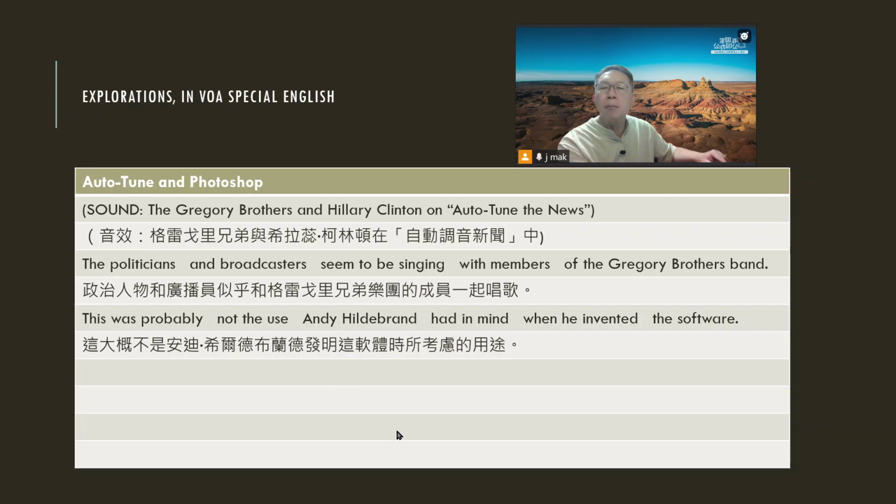Pirates on very thin ice. These pirates are criminals. They are armed gangs on the sea. That means the ocean. The United States does not make concessions or The politicians and broadcasters seem to be singing with members of the Gregory Brothers band. This was probably not the use Andy Hildebrand had in mind when he invented the software.